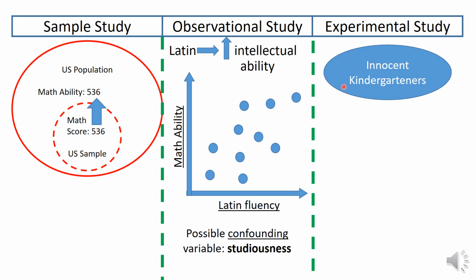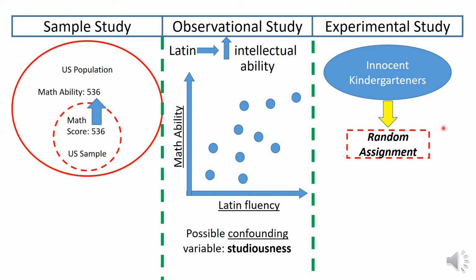Now, the first hallmark of an experimental study is random assignment of our participants into at least two different groups. Let me say that again. There's got to be at least two groups. You could have three, you could have four, and each of your participants needs to be randomly assigned into one of those groups.